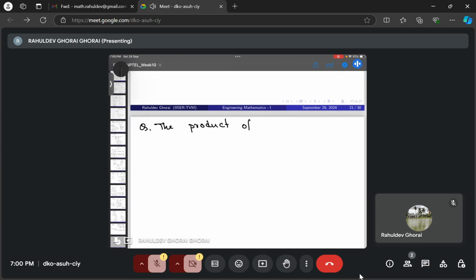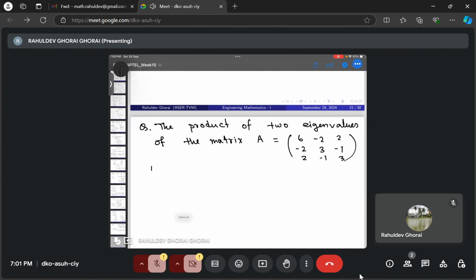The product of two eigenvalues of the matrix A, where A is equal to 6 minus 2 2, minus 2 3 minus 1, 2 minus 1 3, is 60.